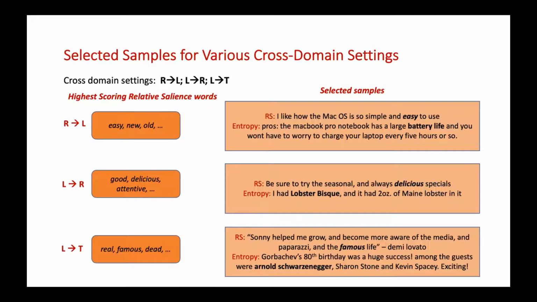So in the R2L example, we see that it's picked a document containing the target span battery life because it's likely to have not seen those kind of target spans in the restaurants domain, but when encountering the laptops domain, that particular target span was hard for the model to predict on. Similarly, for the L2R case, it picked up a food-related target span, lobster bisque, because that's something it encountered in the restaurants domain, but then the model trained on the laptops domain found it hard to predict on because it hadn't seen target spans of that nature.